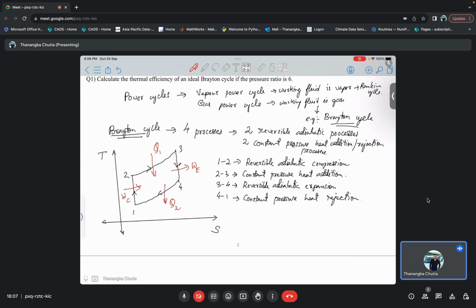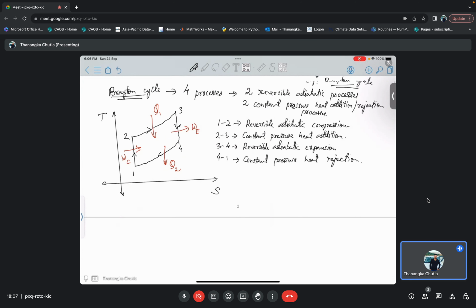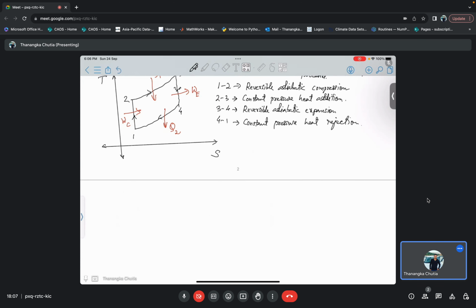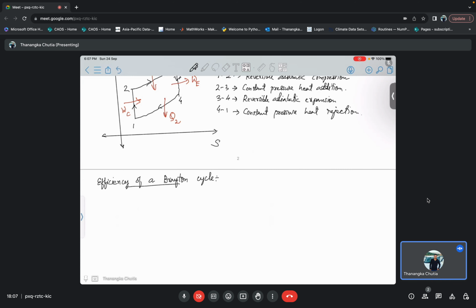Now let us look at the formula for the efficiency of a Brayton cycle. I know that in the theory classes the assumptions of the ideal Brayton cycle have been taught very nicely, so I'll quickly deal with how the efficiency formula came into the picture.